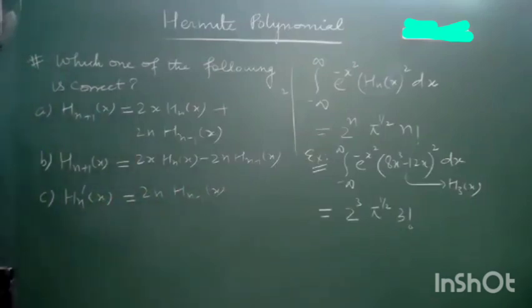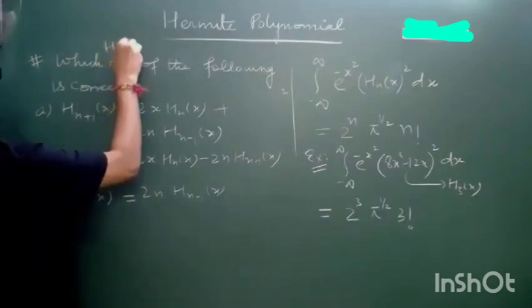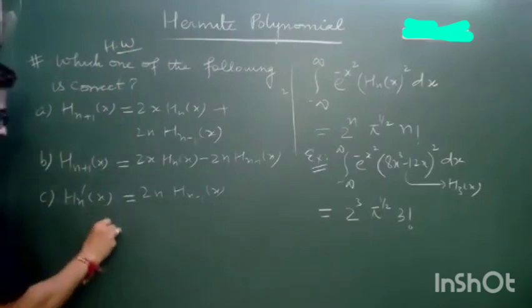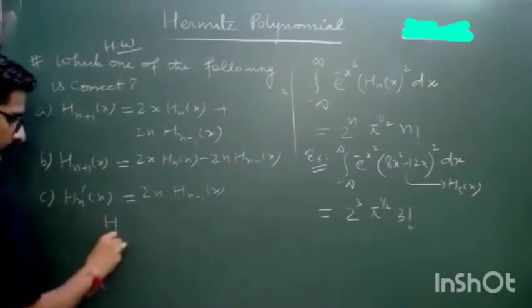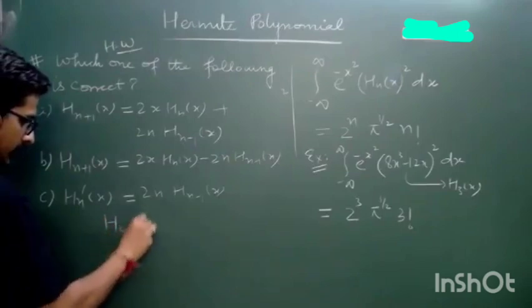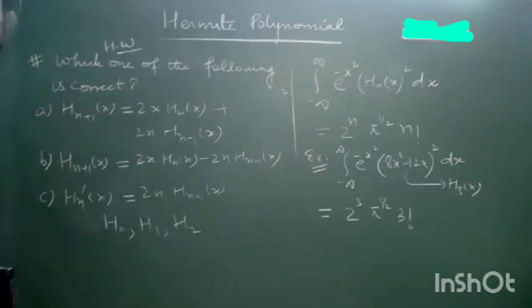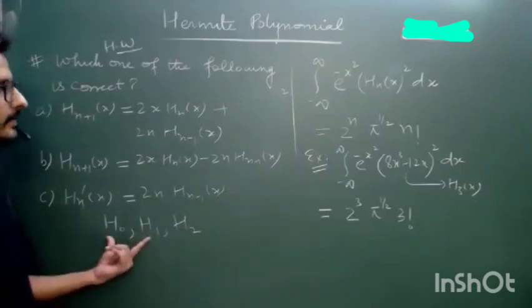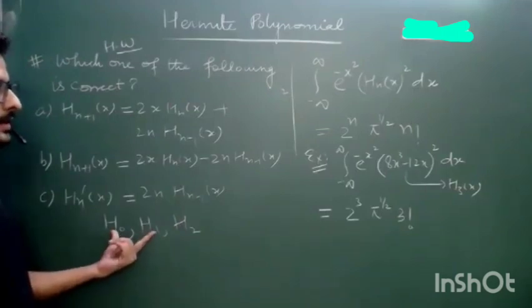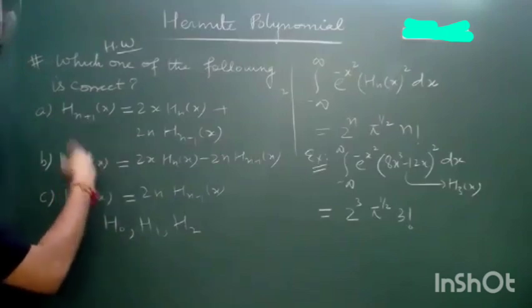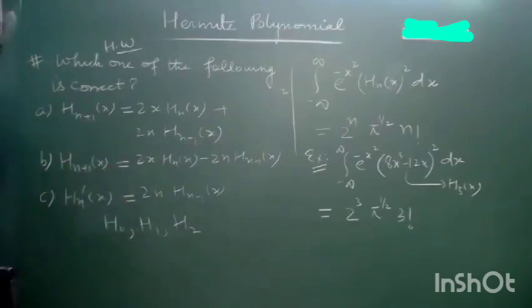So now this is for your homework. What you have to do is, I think, clear to you that you know the values of H0, H1 and H2. You know these values now of this Hermite polynomial. So you can use these values to know whether an equation is correct or not.